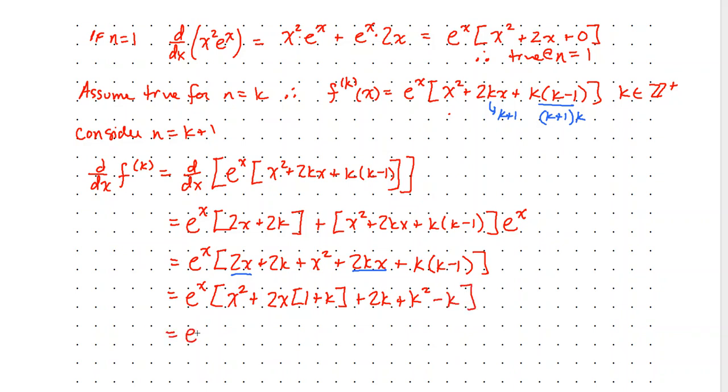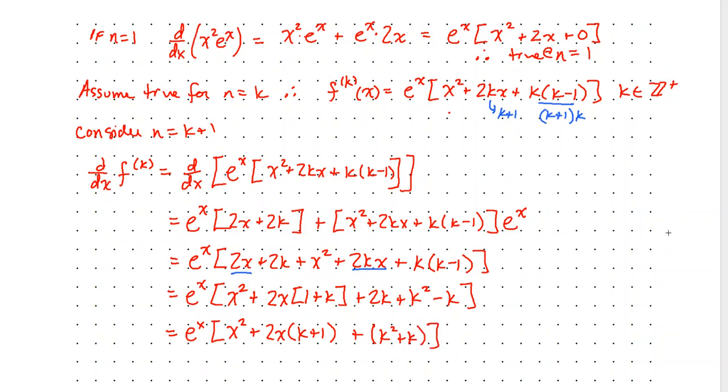So that's going to be e to the x, and I'm going to rearrange this so that it's x squared plus 2x times k plus 1 plus k squared plus k. All right, so that's almost what I want to have, right?